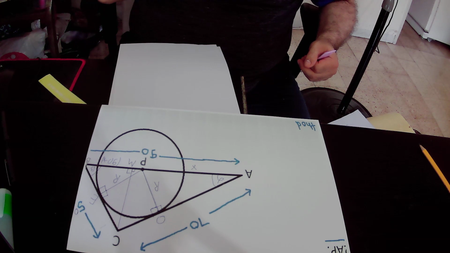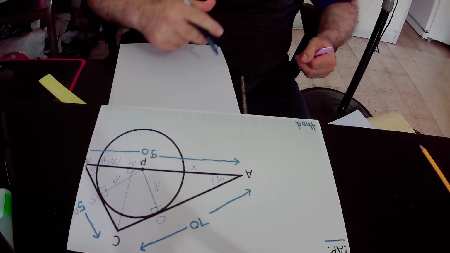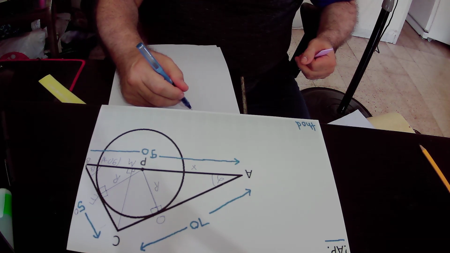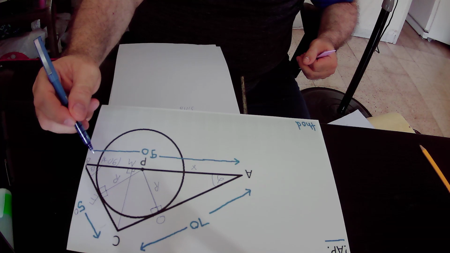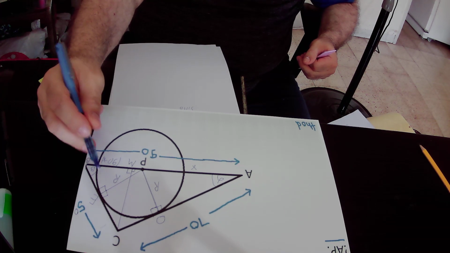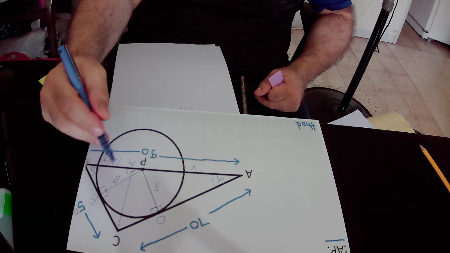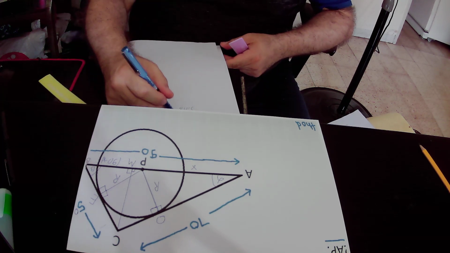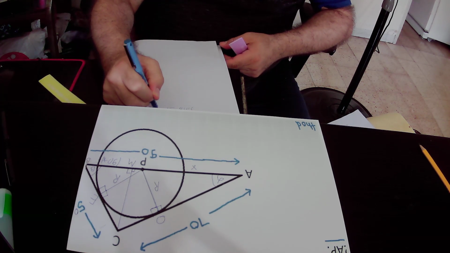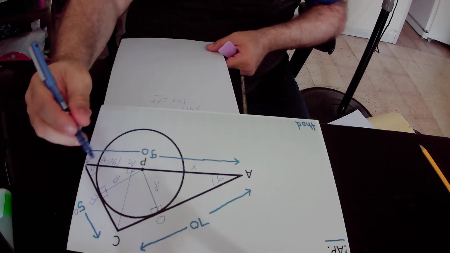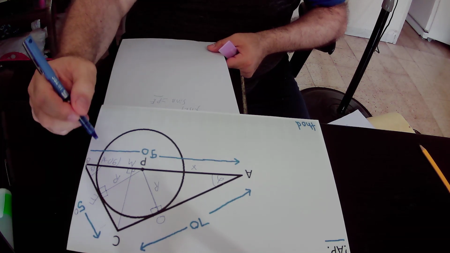And we know that in right triangle BEP, sinus beta equals PE over PB.